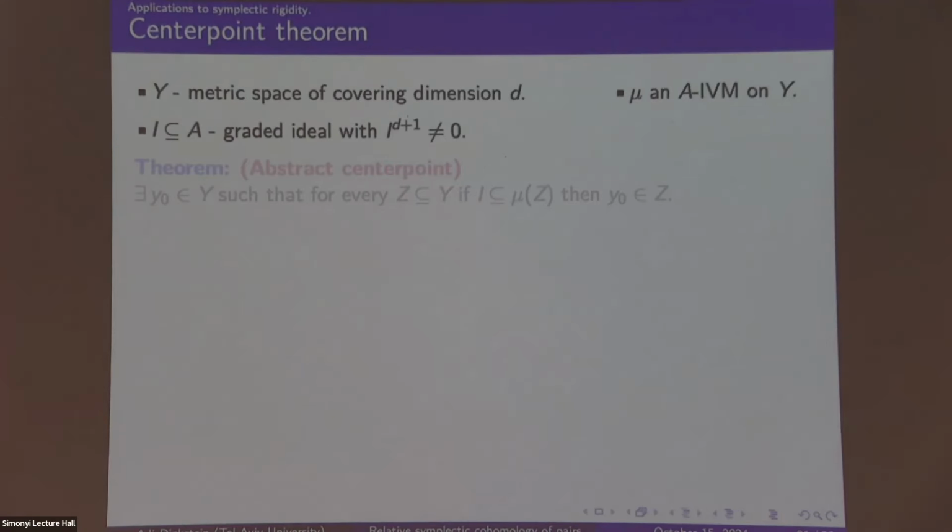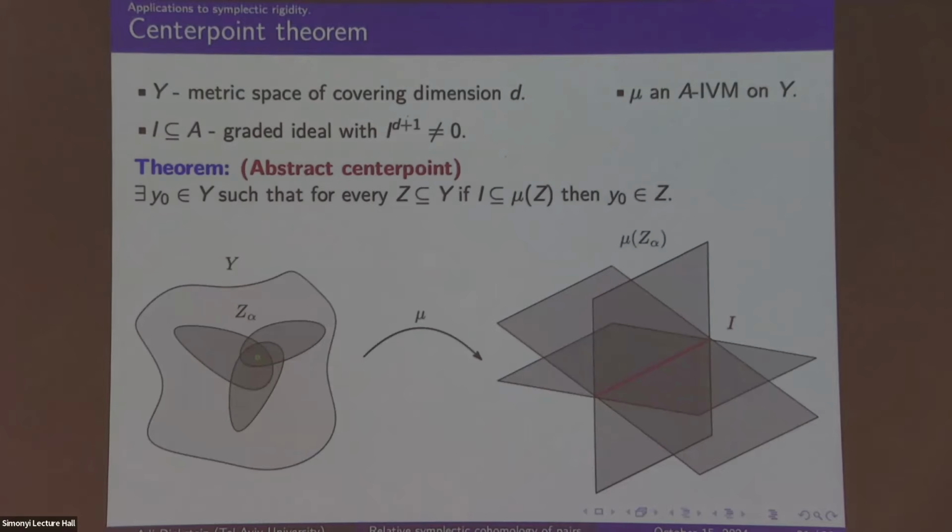And also we can take an ideal. We assume that there is an ideal such that its d plus first power is not 0, where d is the dimension of Y. So what we proved, this is actually based on a proof of Karasov. He proved it in a very specific case and without the language of ideal valued measure. So we translate his result. So this is a version of Karasov's theorem.